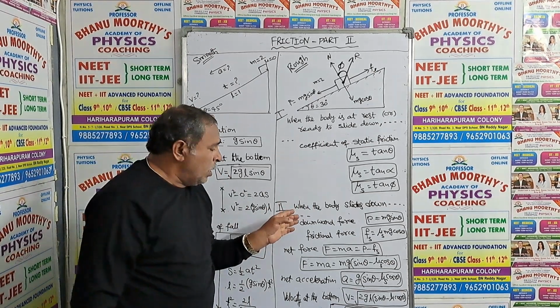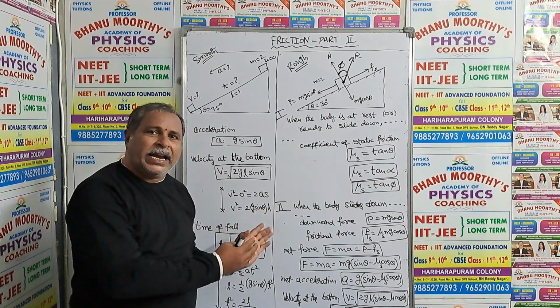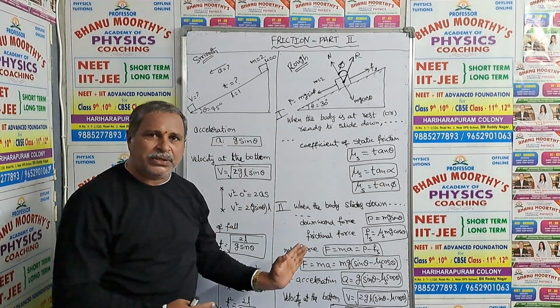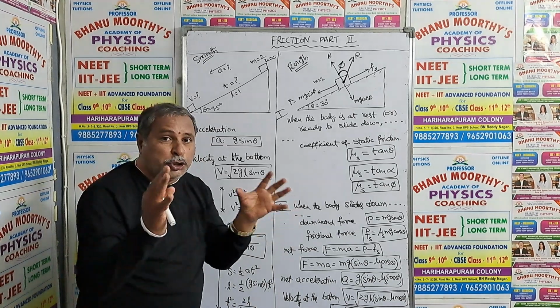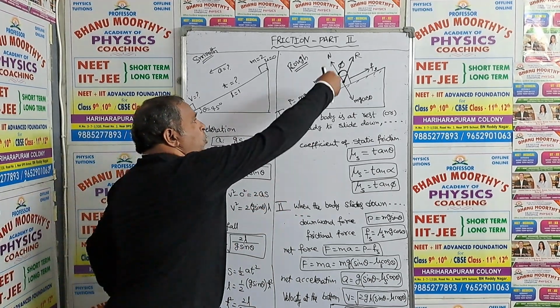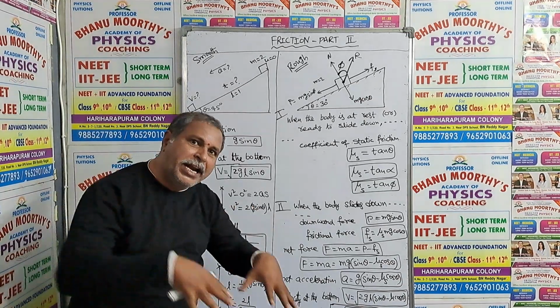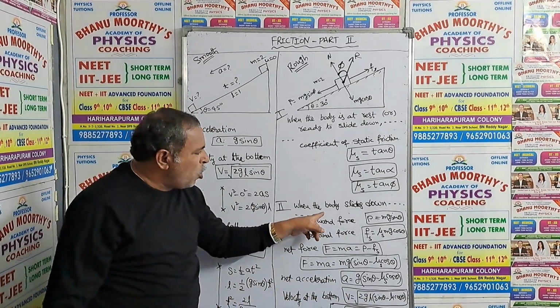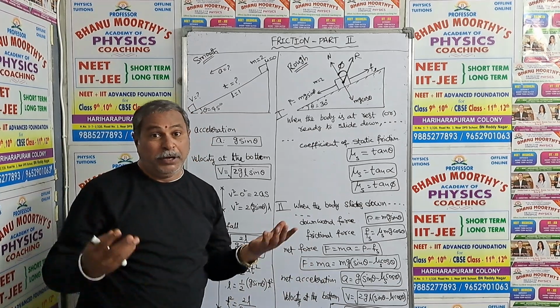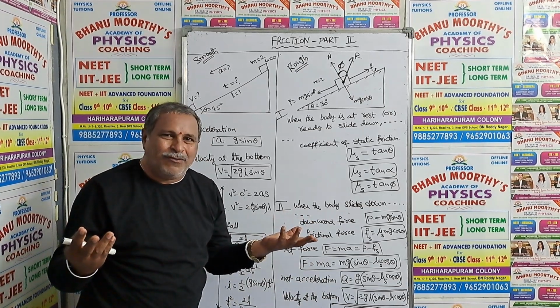Now let us move to the second case, the case of a rough inclined surface. Let us assume the block is sliding down. Now it is not ready to slide, it is sliding down. So when the block slides down, how many forces does it experience? That is a question.